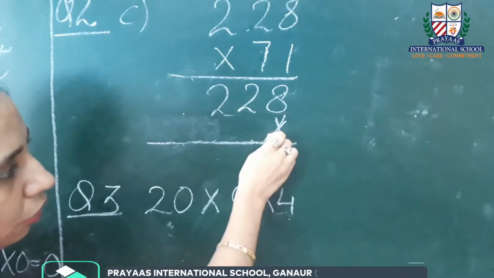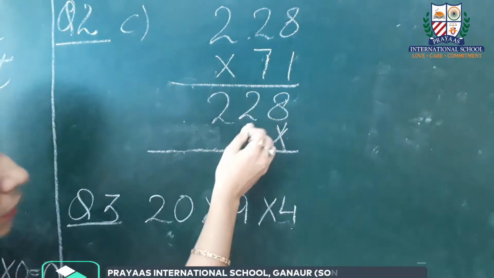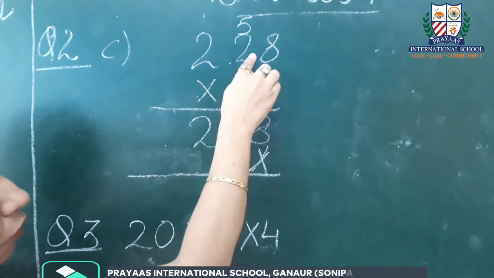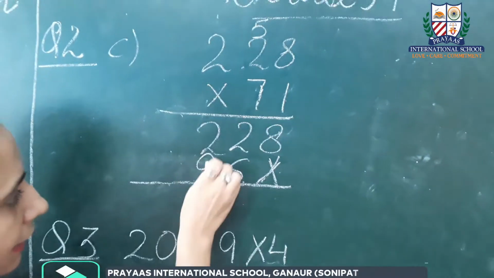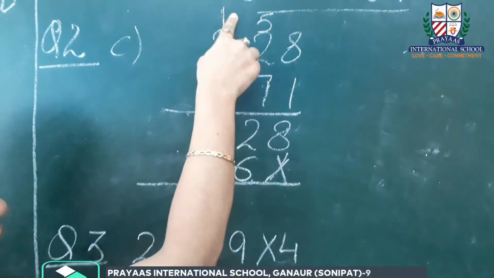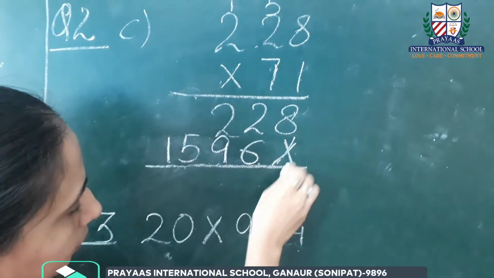Now after putting the cross or 0, 7 8s are 56. So 5 carry, 7 2s are 14, 14 plus 5 is 19, 1 carry, 7 2s are 14, 14 plus 1 is 15. So now we will add them.